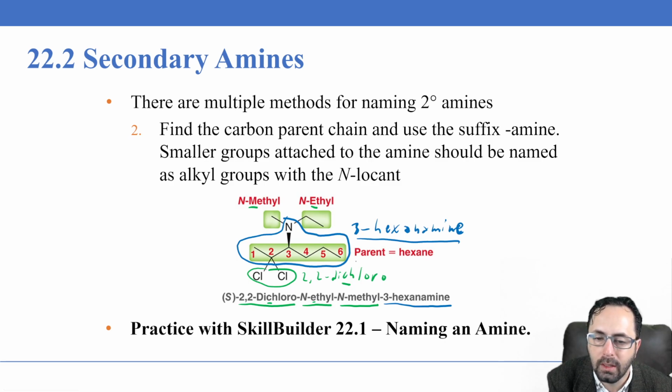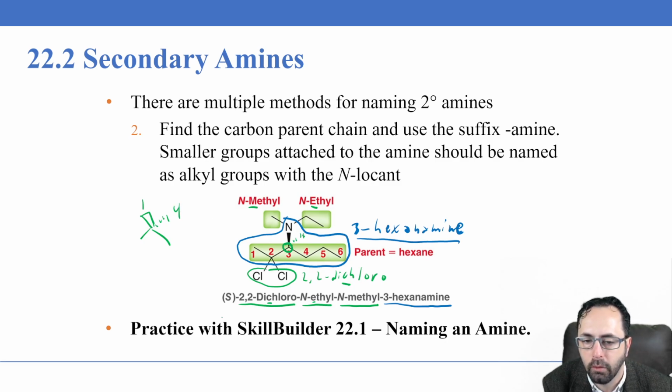Finally, we do have one chiral carbon. That chiral carbon is the one with the nitrogen here. And so I'm going to go off to the side here, and I'm going to figure out what the priorities are. The nitrogen here will have the highest priority with the highest molar mass, so it will be priority number 1. On the dash here, we're going to have a hydrogen, so that's going to be priority number 4.